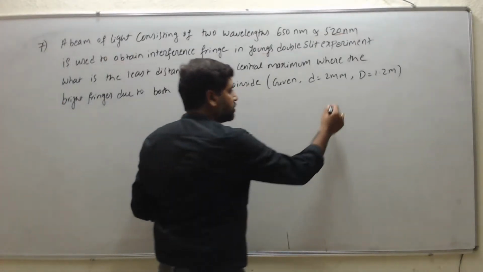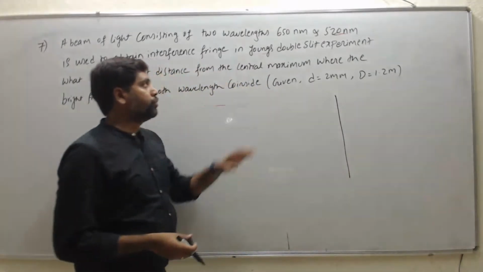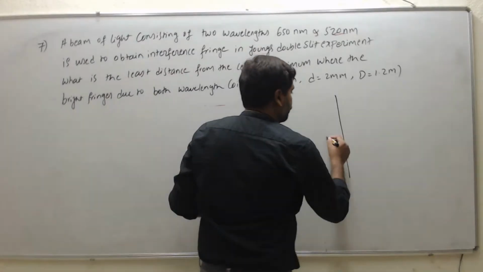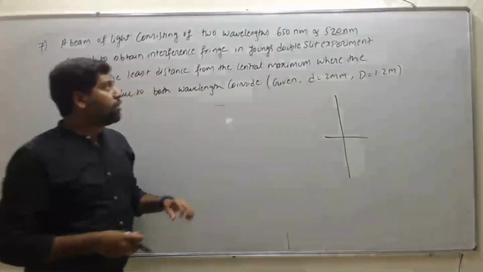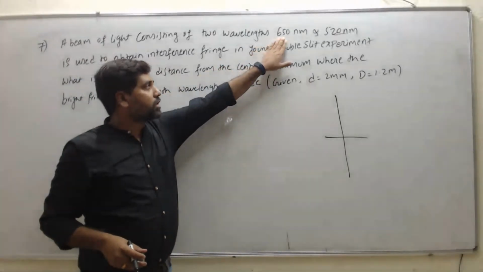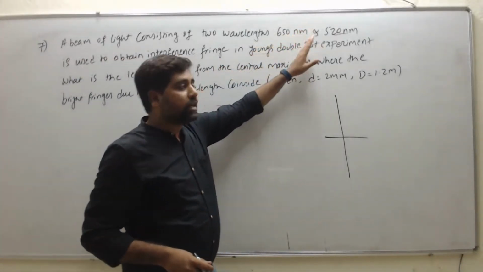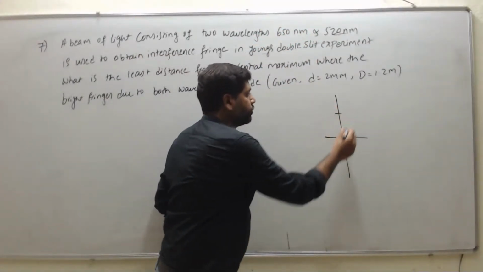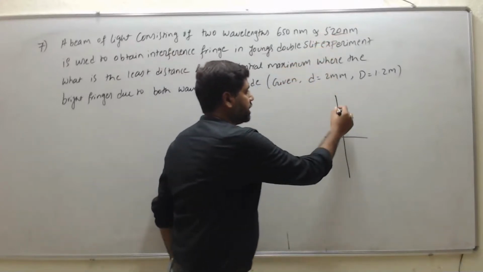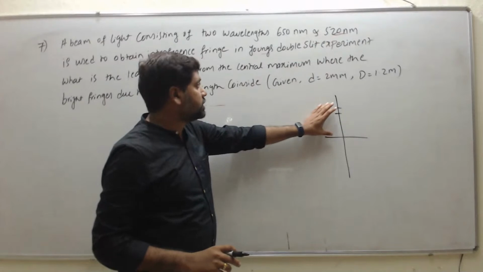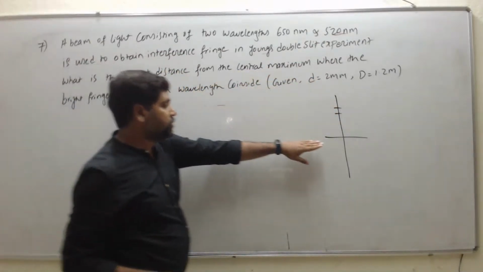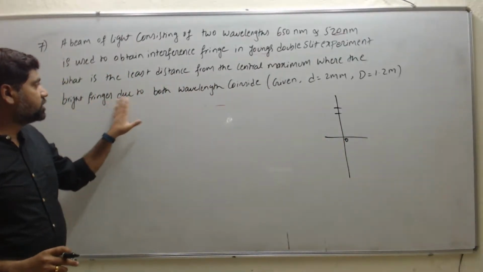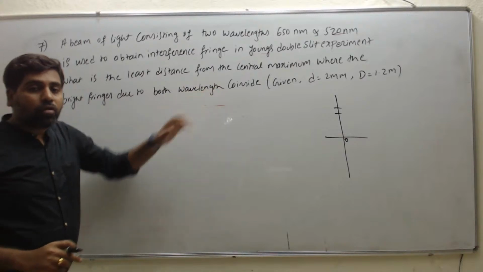That is, if we have the screen, then here we have two wavelengths, that is two lights which are coming from the slits. If for this wavelength it coincides somewhere here and this one somewhere here, then we need to find which is the position from the central maximum where the bright fringes due to both wavelengths coincide.